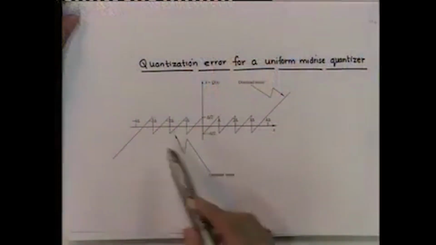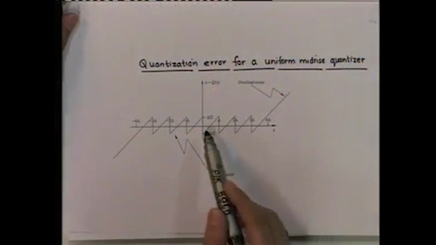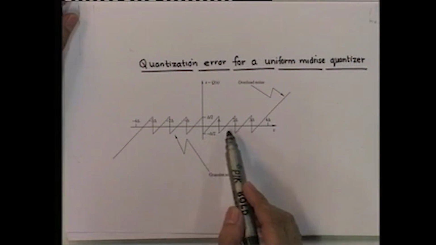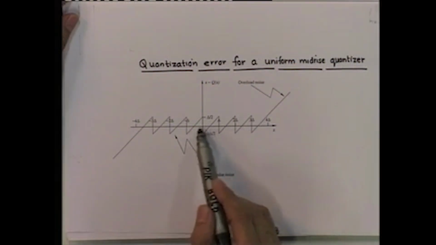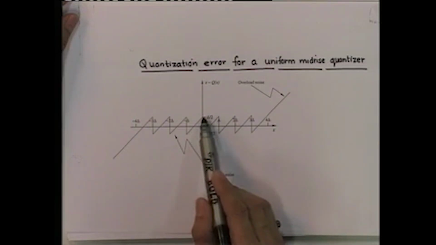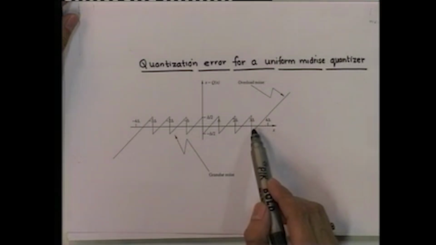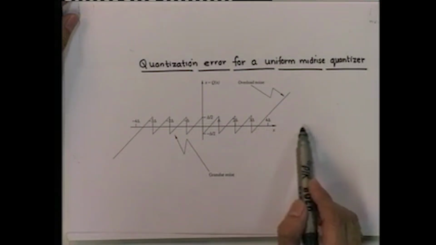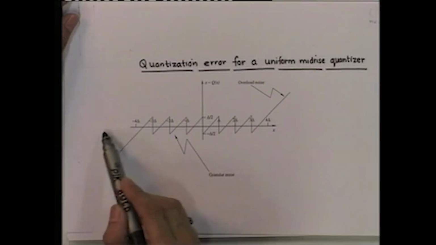So, the quantization error as a function of input is shown in the following figure. Now, from this figure, we see that in the inner intervals, the error is still bounded by delta by 2. However, the quantization error in the outer intervals is unbounded.